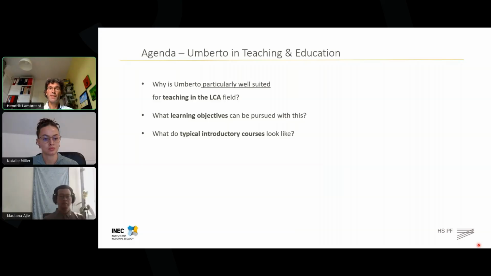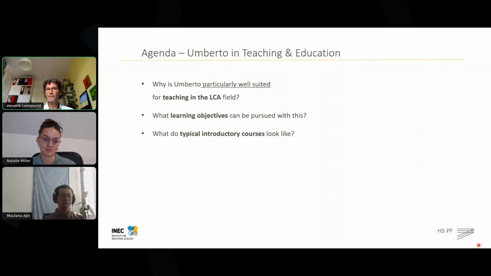So the agenda, as you can see: I want to explain why I think that Umberto is particularly well suited for teaching in the LCA field. Actually, we are having a lot of discussions among colleagues because there have been several tools on the market ever since, and there are new tools coming into the field nearly every day.